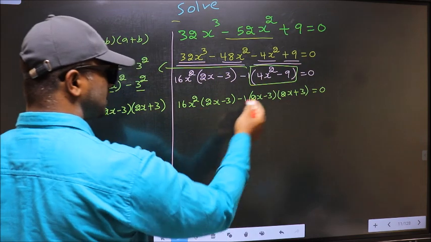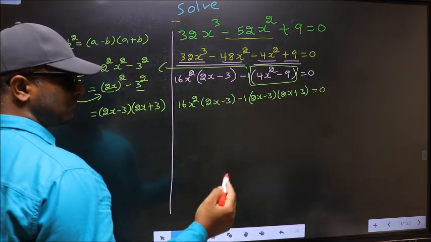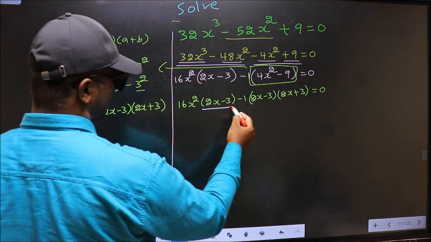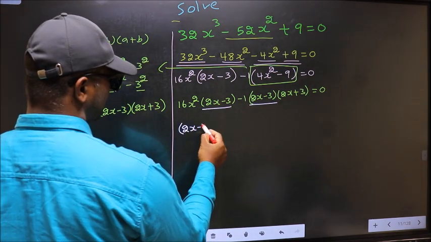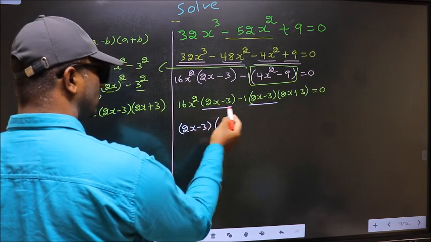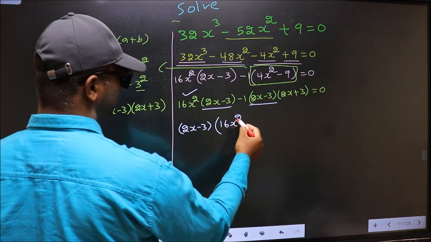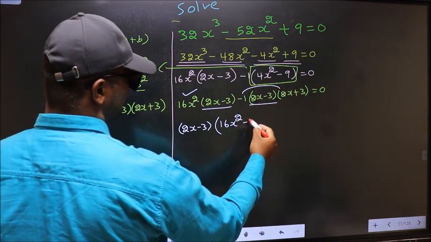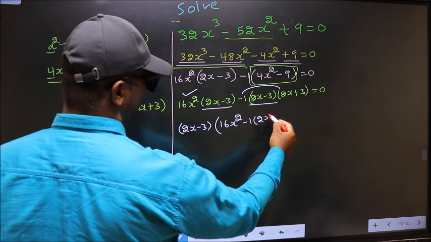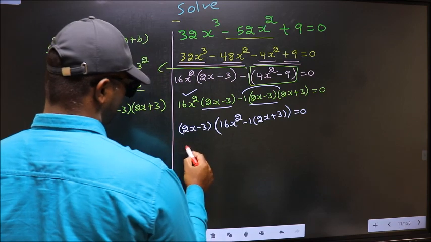Now from this entire equation, what can be taken out common is 2x minus 3. So 2x minus 3 outside. Over here we are left with 16x square, and over here we are left with these two, that is minus 1 times 2x plus 3 equal to 0.